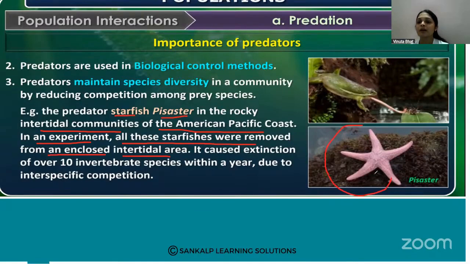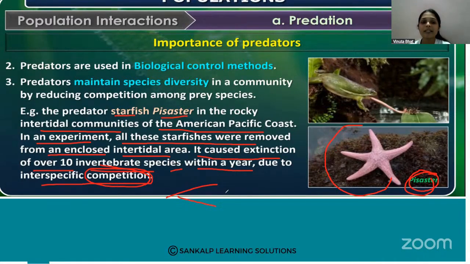It caused extinction of 10 invertebrate species within a year due to interspecific competition. So look what happened here: this Pisaster feeds on some invertebrate species. Because the Pisaster was removed, it increased the competition between the species. Competition increased for resources, it may be for food, it may be for reproduction. When competition increased, some 10 types of invertebrates went extinct from that region. So this is the importance of the predators.